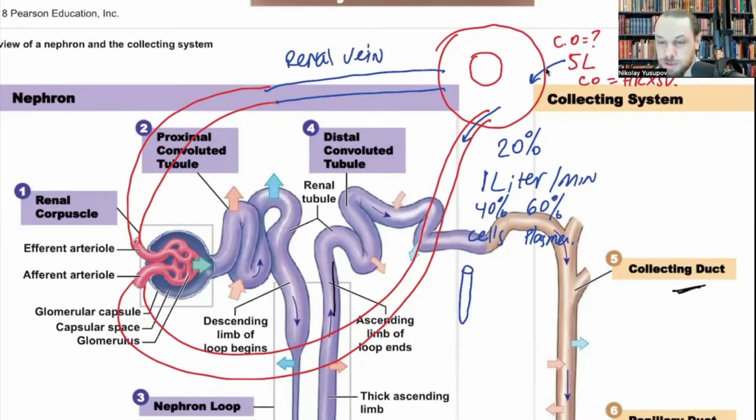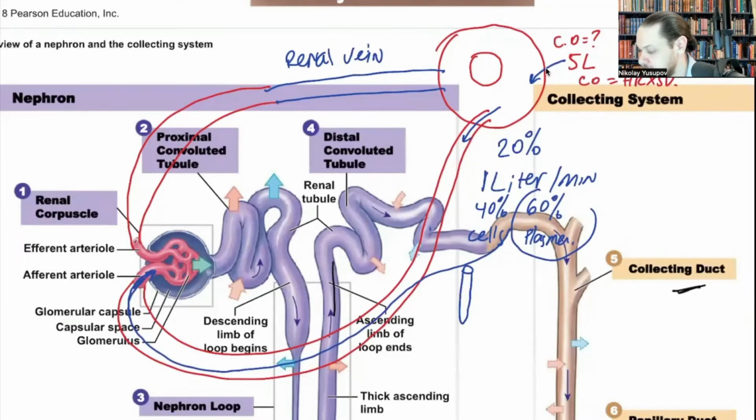It also has electrolytes in it. So cells do not go inside your kidneys, inside the nephron. They bypass the system. But the 60% of the plasma that's coming in here will go inside the kidneys. So if we say 60% of 1 liter, that's roughly 600 ml. So about 600 ml is going to come here.